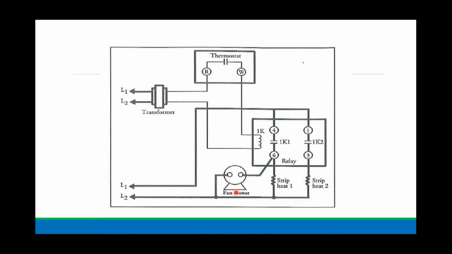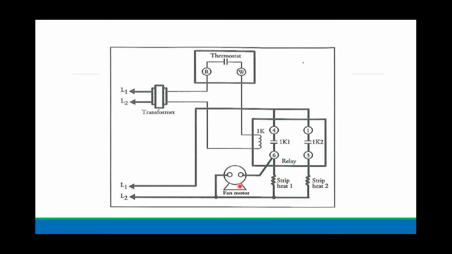If you're really paying attention, this is wired in parallel. This is important because let's say I lose heat strip 1. It burns up. It's not going to affect heat strip 2, and it's not going to affect the fan motor. Let's say I lose heat strip number 2. Well, it's not going to affect heat strip 1 nor the fan motor. What if I lose the fan motor?